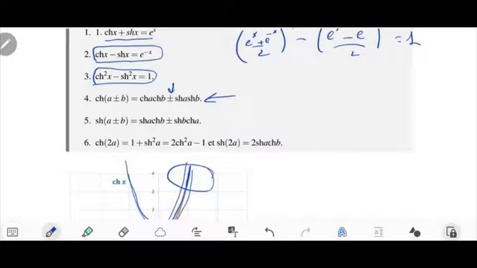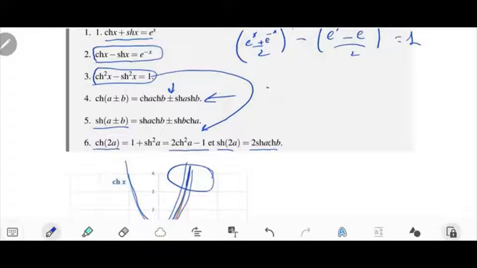It might be different, so it's not the same formulas. But it's very similar also for the sh(a plus b) and sh(a minus b). And for the ch 2a, it's equal to 1 plus 2 sh squared a, which is also similar to cosine and sine. And it's equal as well to 2 ch squared a minus 1 due to this formula in here. And then sh 2a is equal to 2 sh a ch a.